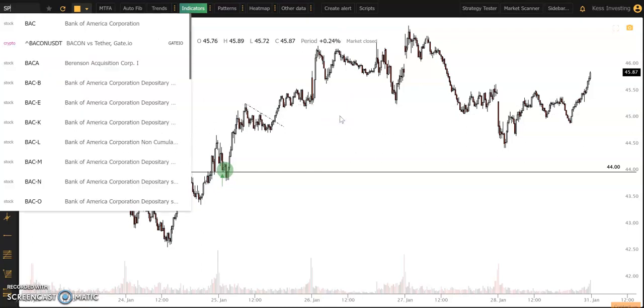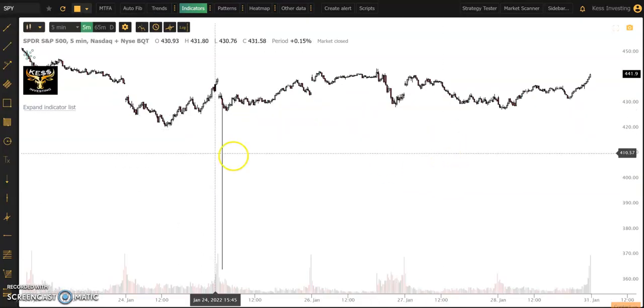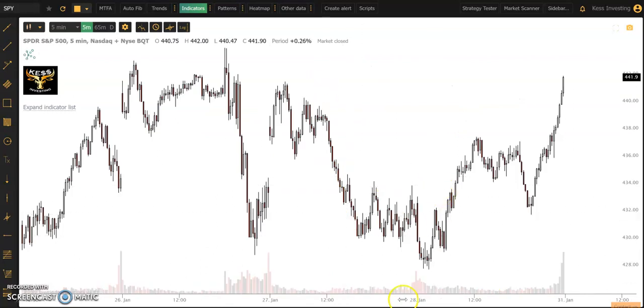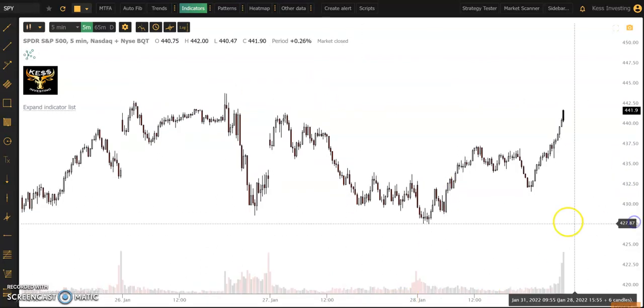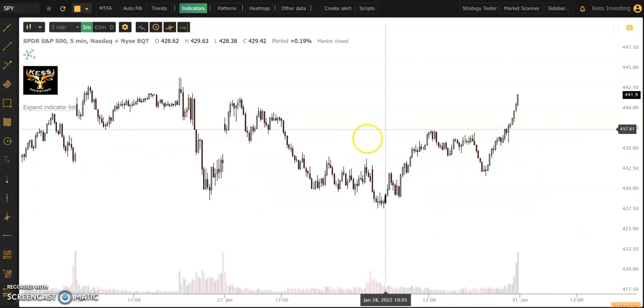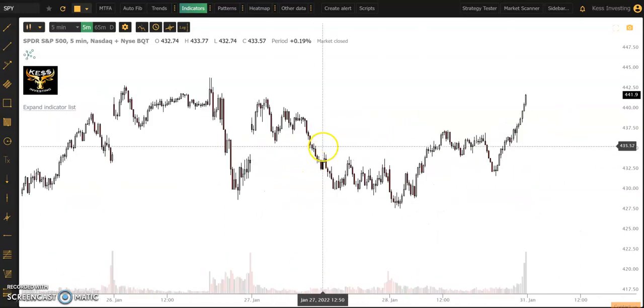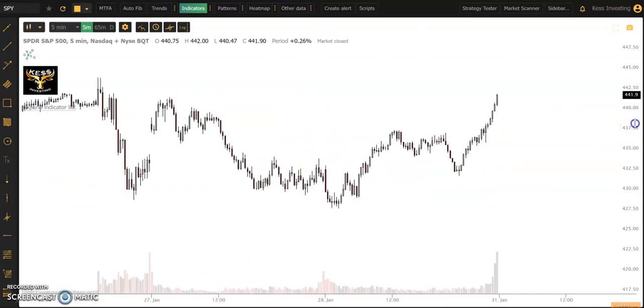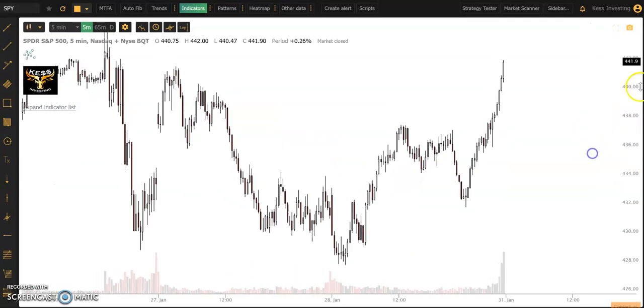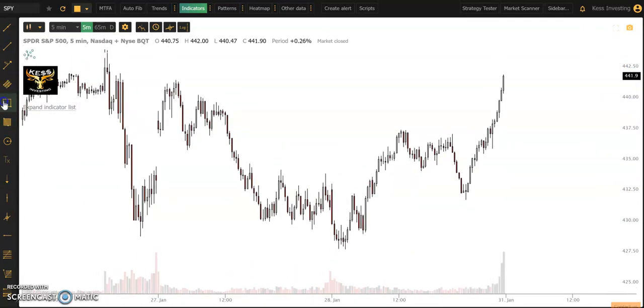So let's head over to SPY now on the 5-minute. We played this one off of basically the same thing that we were looking for with Bank of America, but for the downside. Immediately on the 27th, you see this area right here.